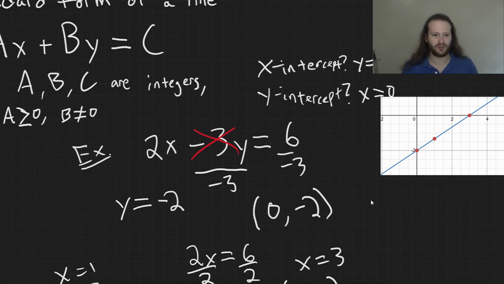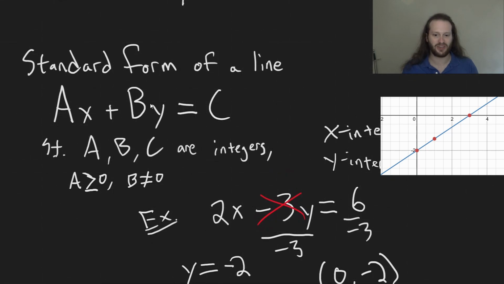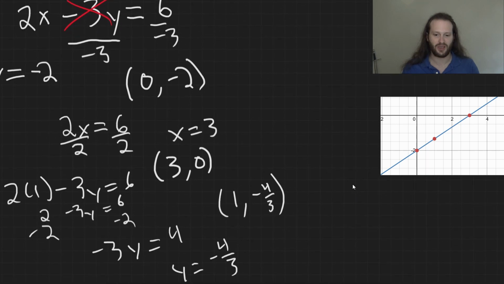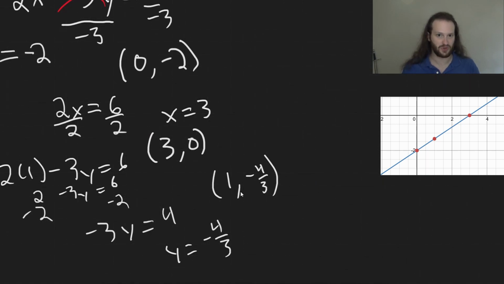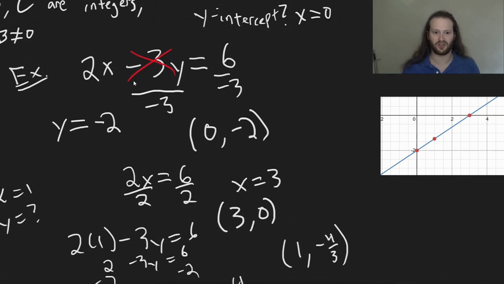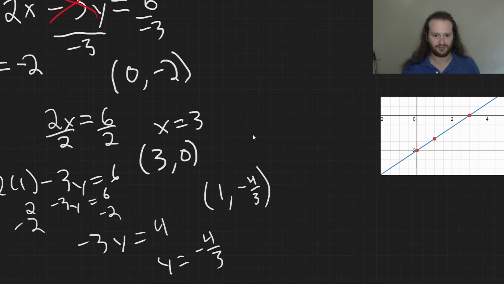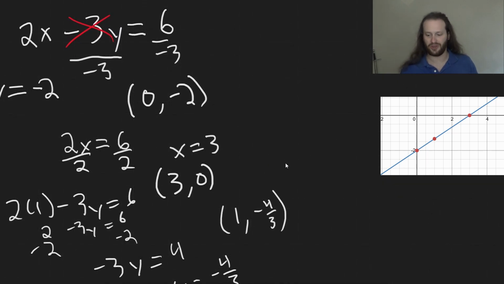I was saying earlier that a, b, and c can only be integers, but that's fine. You're going to plug in some random values and get coordinate points with non-integer values. That's different from the name of the line. Anyway, I can plot that point, but I already had the line there.